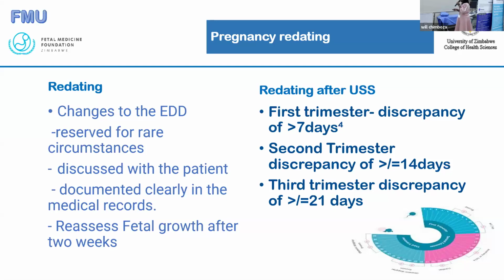If it's in the second trimester, with a discrepancy of more than 14 days, we redate. In the third trimester, a discrepancy of more than 21 days, we also redate. As I mentioned earlier on, when redating, always ask the woman to come back after 2 weeks to assess for fetal interval growth.